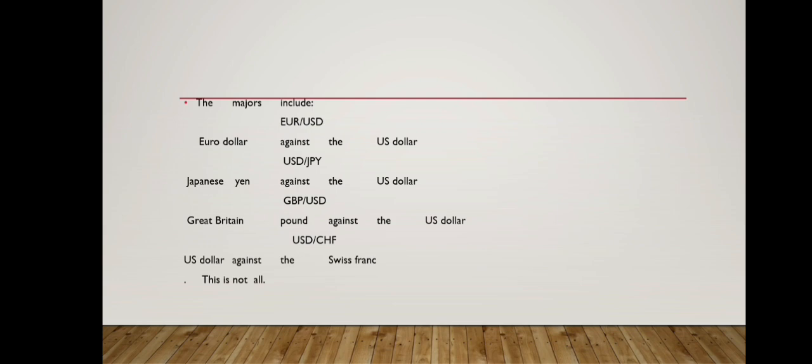Yen, you can see that the yen is paired with the USD. Pound USD, you can see that pound is paired with the USD. Swiss franc, you can see the Swiss is paired with the USD. So major pairs are pairs that are paired with the USD. So let's continue.